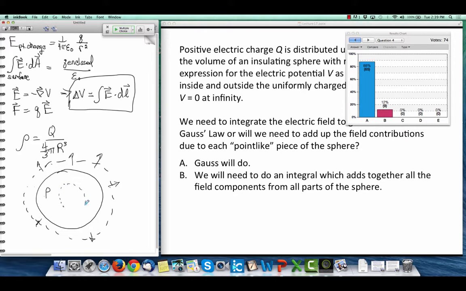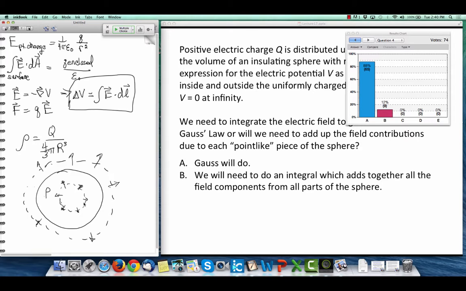You just need to integrate the charge density over the volume enclosed. And you can do that with a Gaussian surface inside your insulating sphere, or the one that I drew outside, or draw a Gaussian surface wherever you want. As long as it's spherical and centered on the center of the insulating sphere, then you'll be able to use Gauss's law fairly straightforwardly.